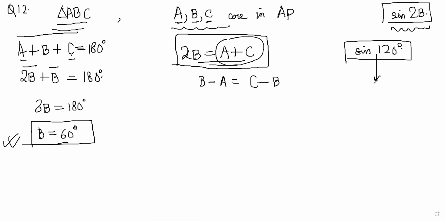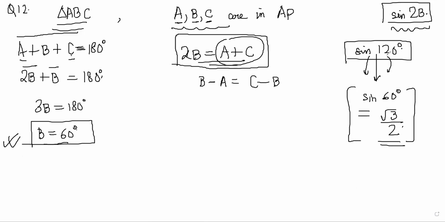When you do a little more trigonometry, you will know that the angles beyond 90 degree also you can find. So I will just tell you the answer right now. We will discuss this later. So sine 120 is equal to sine 60, and sine 60 you already know is root 3 by 2. So answer of this one will be root 3 by 2, which depends on the knowledge that sine of 180 minus theta is equal to sine theta.